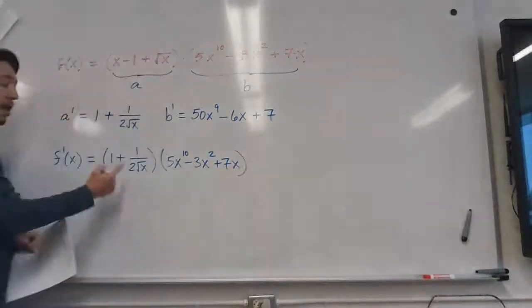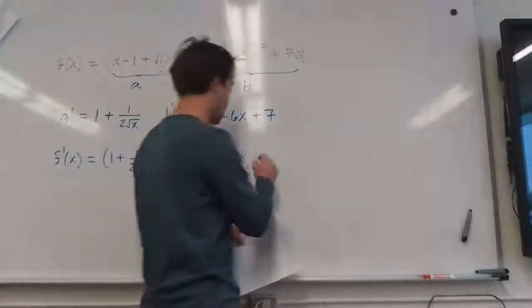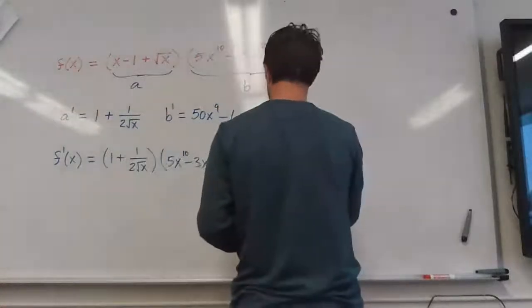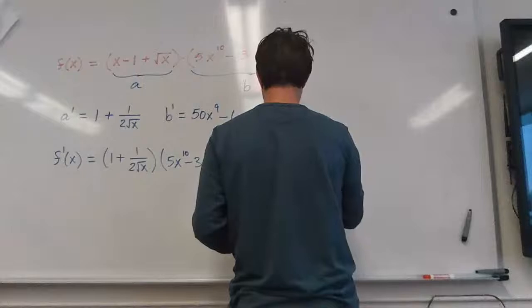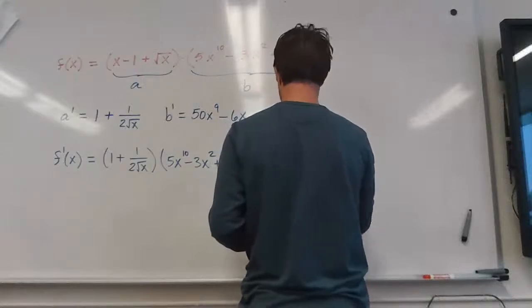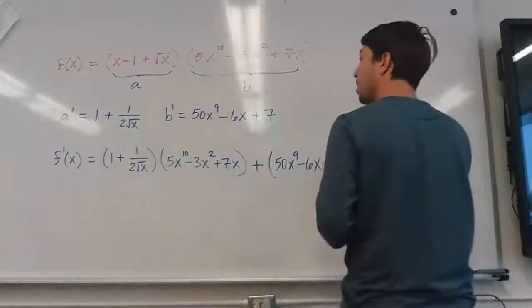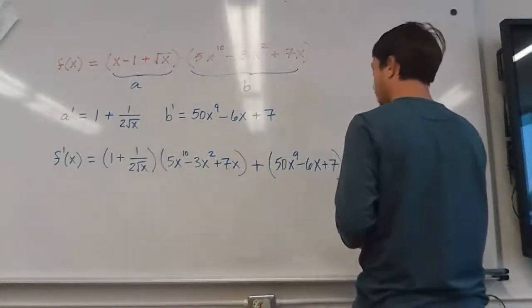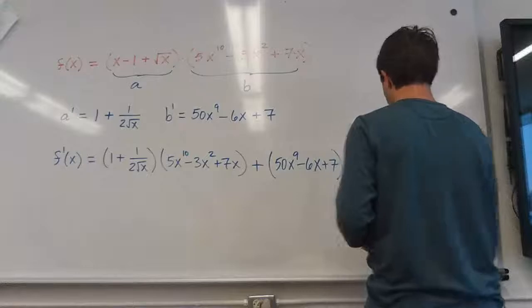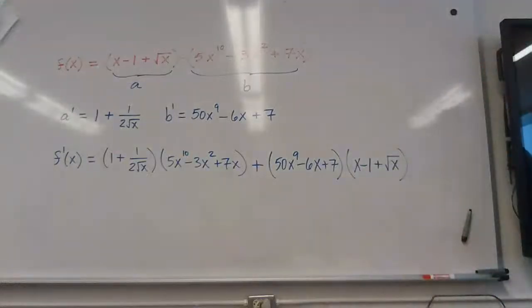So this reads A prime times B plus B prime times A. And A was disgusting.